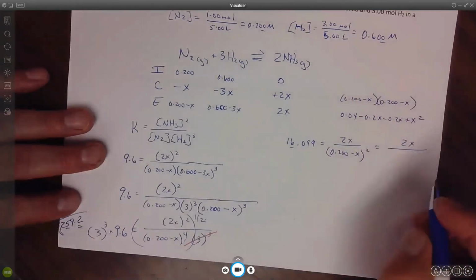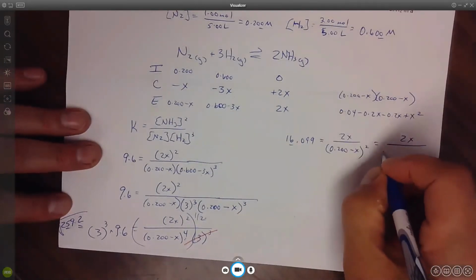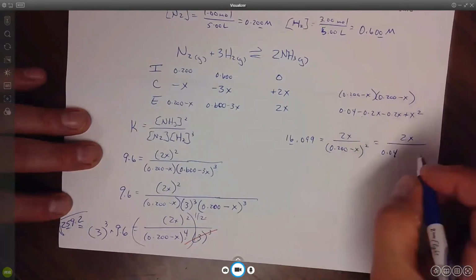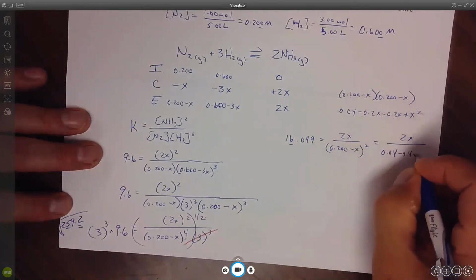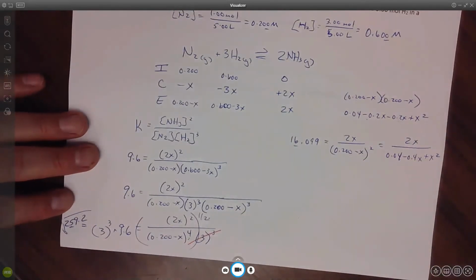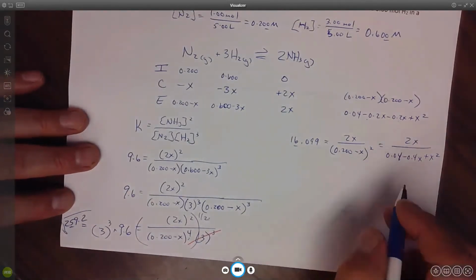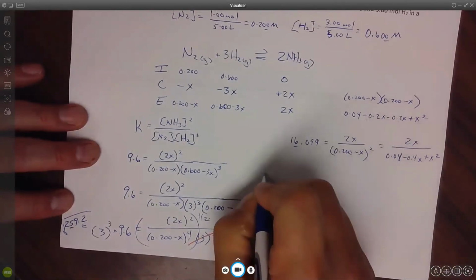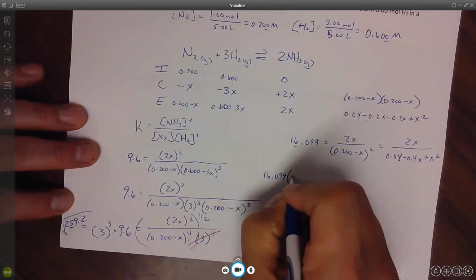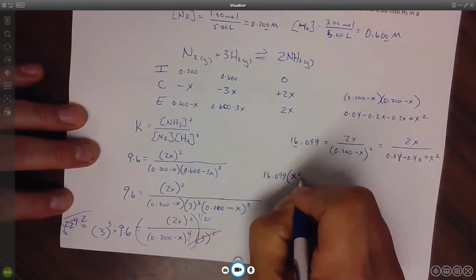So that's going to be 0.04, then negative 0.4x plus x squared. Then I've got to take each one of those and bring it over to the other side. I'm going to rearrange it when I do it.